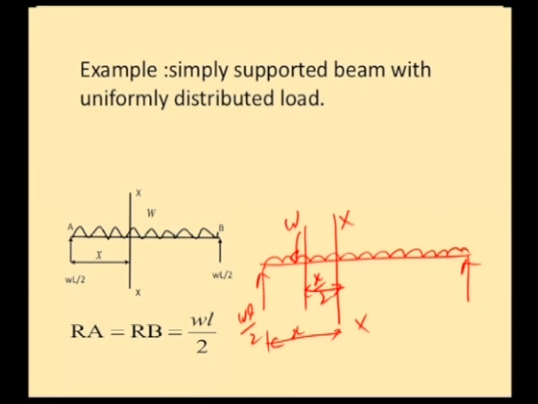So, W L by 2 into x minus W into x squared by 2 will be the M x x.